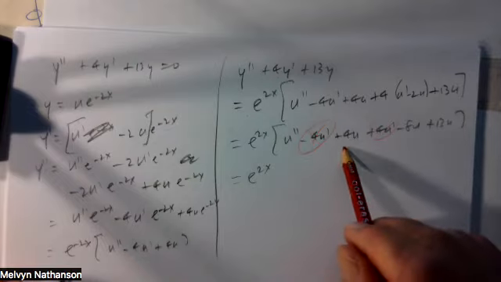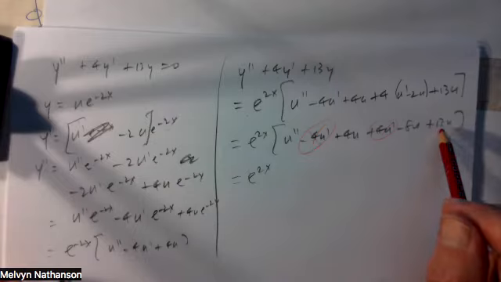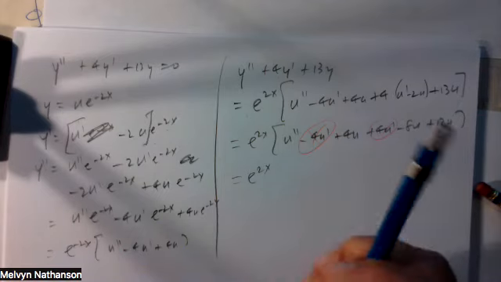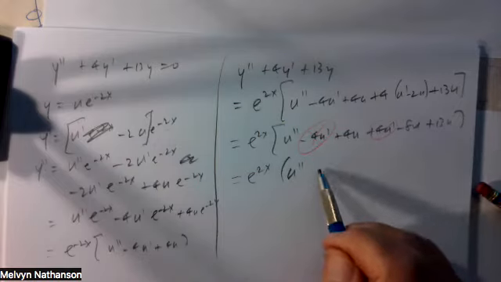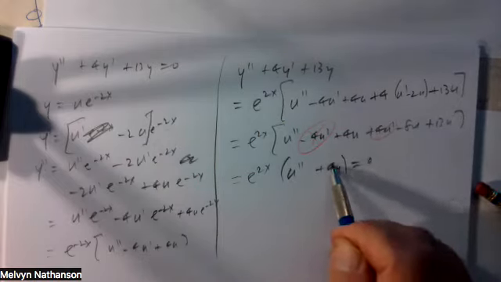I have 4u plus 13u, that's 17u, minus 8u, that's 9u. So I get u double prime plus 9u equals 0.